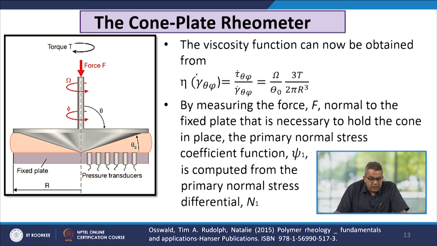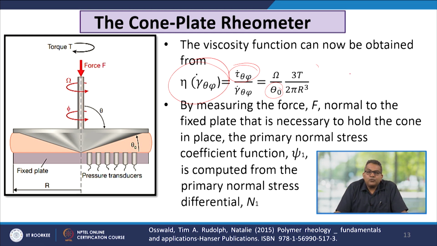Now, the viscosity function can be obtained from eta of gamma dot (theta, psi) is equal to tau (theta, psi) over gamma dot (theta, psi), which is equal to omega theta naught, 3T over 2 pi R cube.